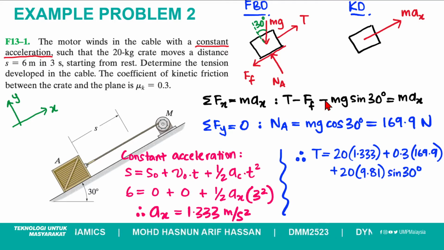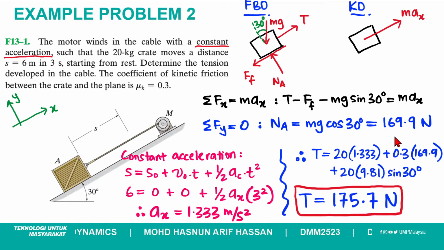This one, we can bring mg sine 30 to the right, becomes plus 20 times g sine 30. So in the end, we will get the tension is 175.7 Newton. Okay, any question? Is this clear?